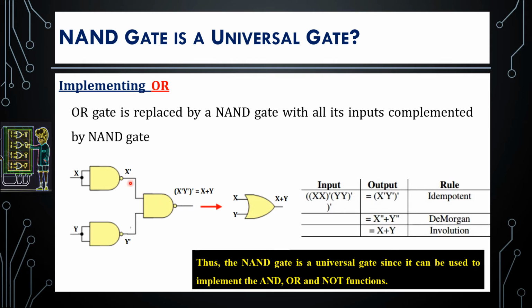So we need to complement the inputs first with the help of two NAND gates. Then these complements are passed as the inputs to the third NAND gate. To implement this OR gate, we are making use of 3 NAND gates.